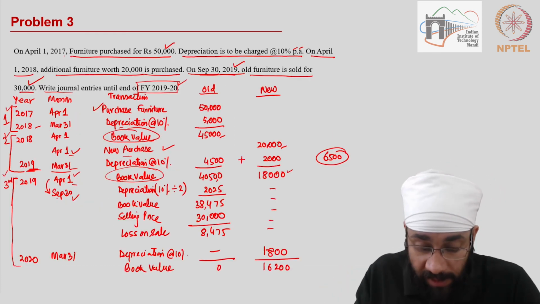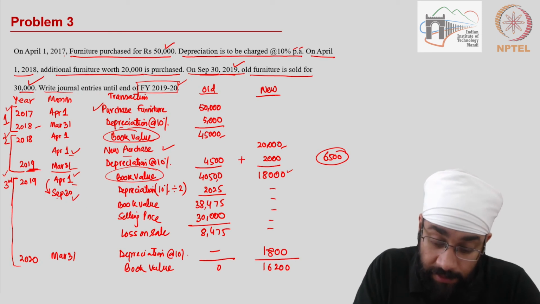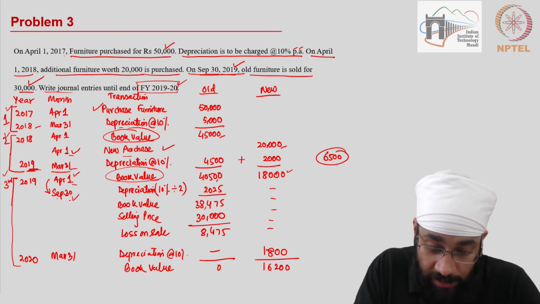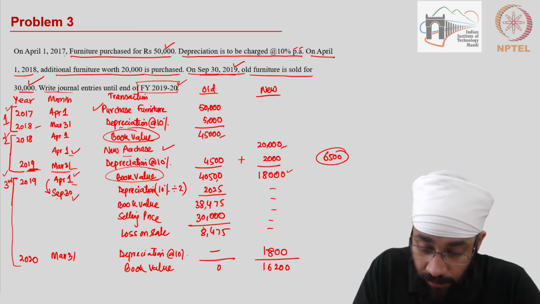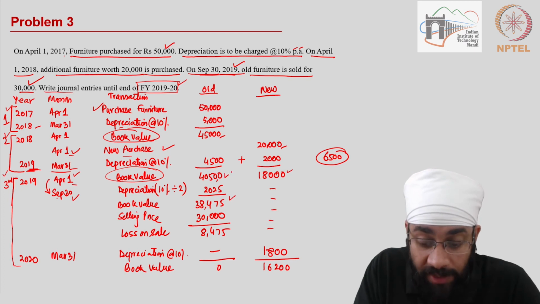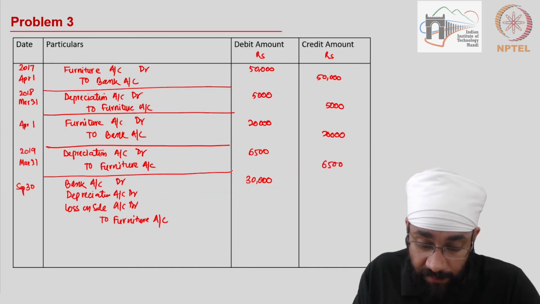So this is a complex journal entry. The loss is equal to, wait a second. So the loss is the value of the furniture was 38,475. The book value at the beginning was 40,500 first of all.